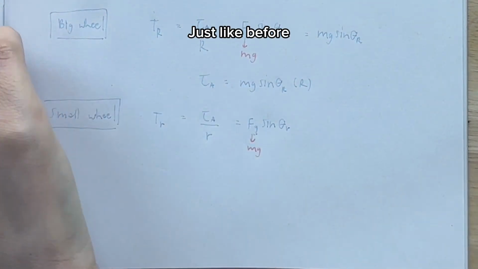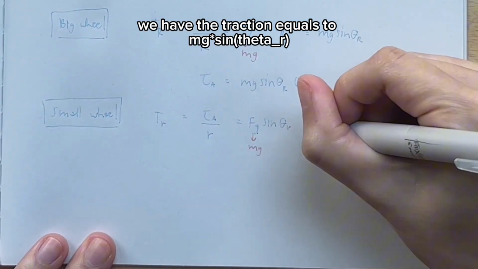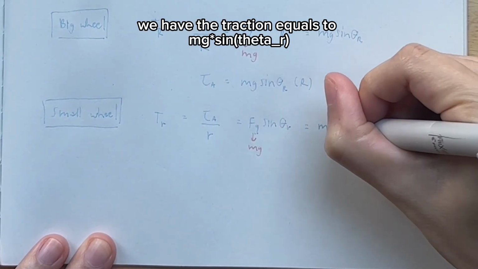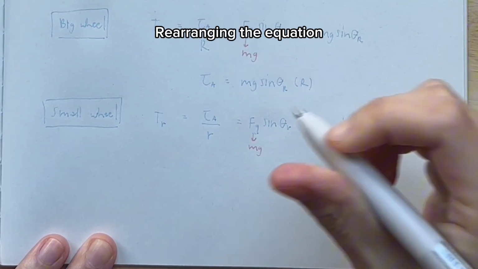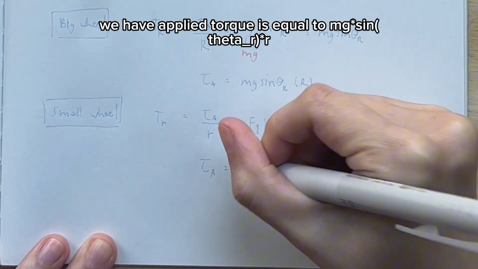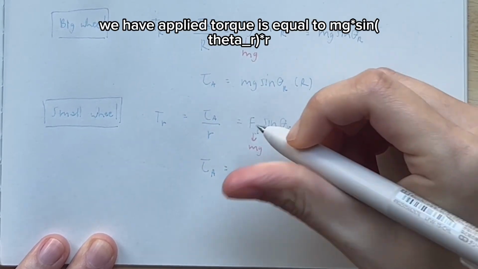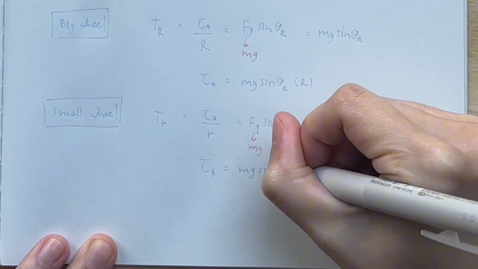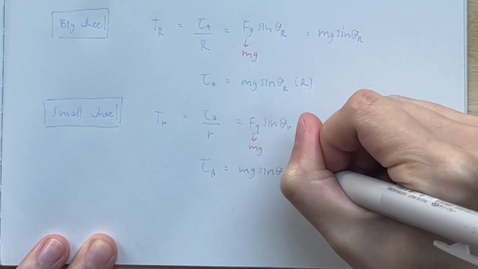Just like before, we have the traction equals mg sine theta lowercase r. Rearranging the equation, we have applied torque is equal to mg sine theta lowercase r times the radius of the small wheel.